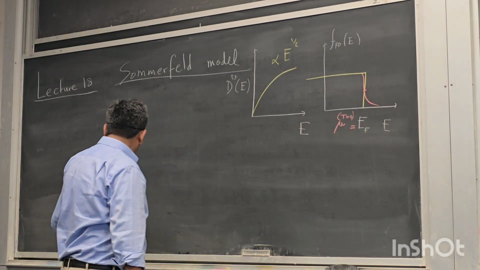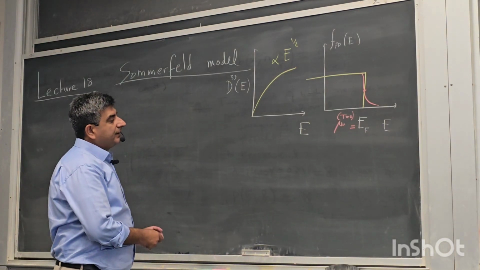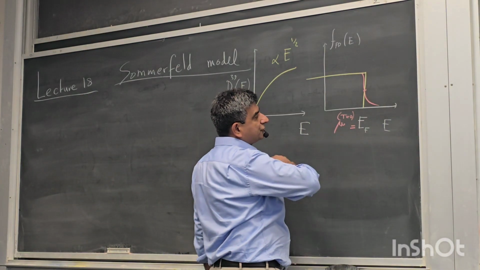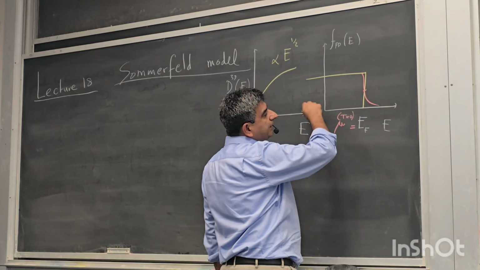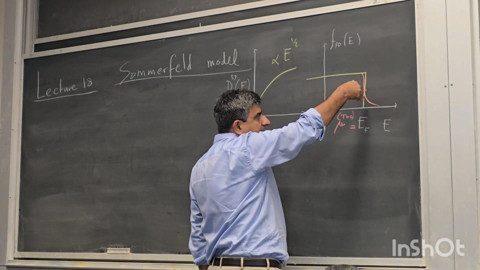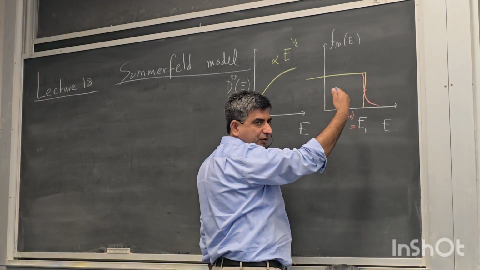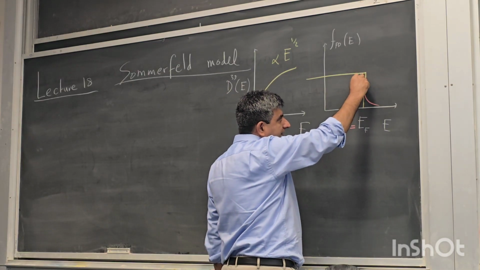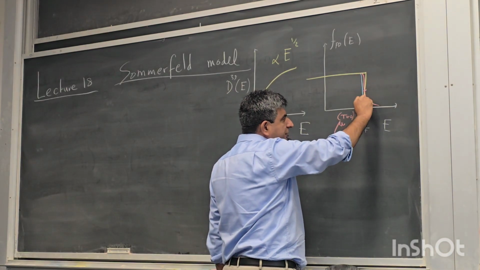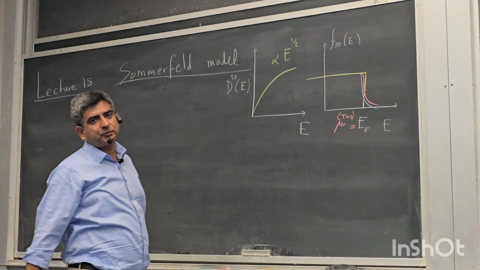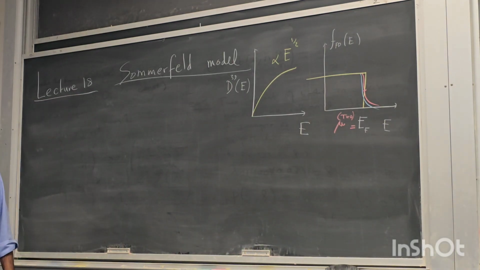However, as the temperature changes, this chemical potential also changes a bit. So not only does this sharp step function smoothen out as the temperature goes beyond 0 kelvins, you also see a slight shifting of the chemical potential, and this is what we're going to derive today.